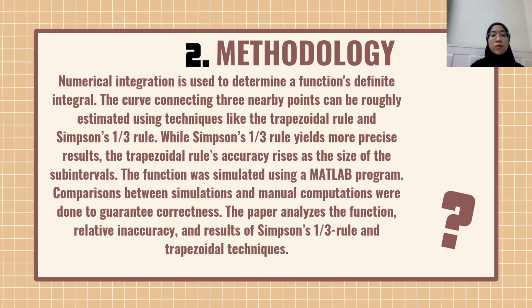The function was simulated using a MATLAB program. Comparison between simulation and manual computation was done to guarantee correctness. The paper analyzed the function's relative inaccuracy and the result of Simpson's 1/3 rule and the trapezoidal technique.